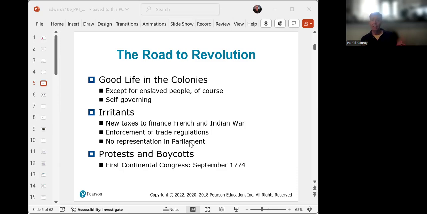Enforcement of trade regulations. The trade system was crazy. For instance, if you were a farmer in South Carolina and you were growing rice, and the people in New York wanted rice, you could not ship directly to New York.